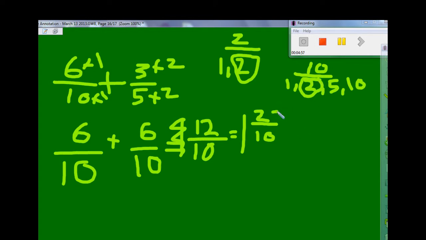So you divide that by 2, and you would get 1/5. And then you just add the 1, the big one, right back over here. And then that would be your final answer.